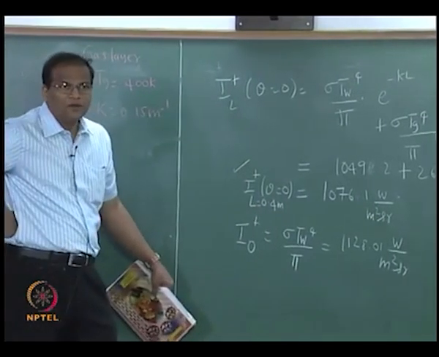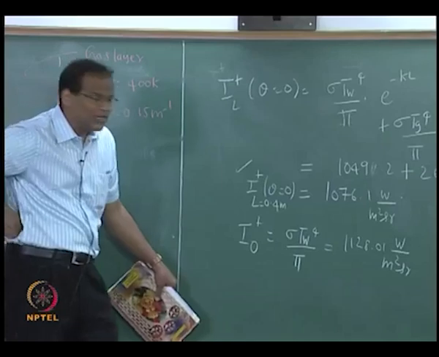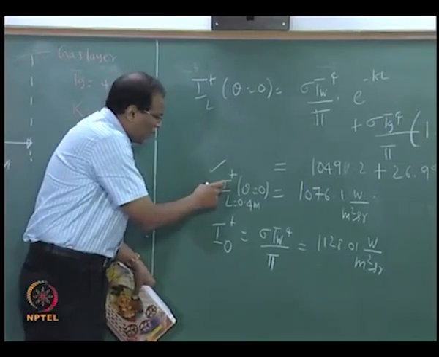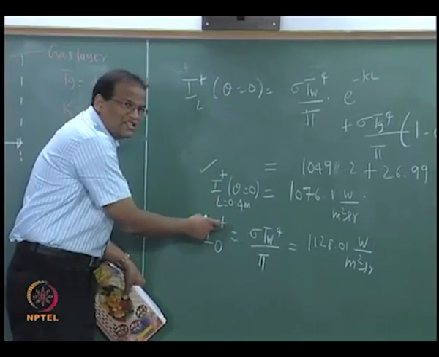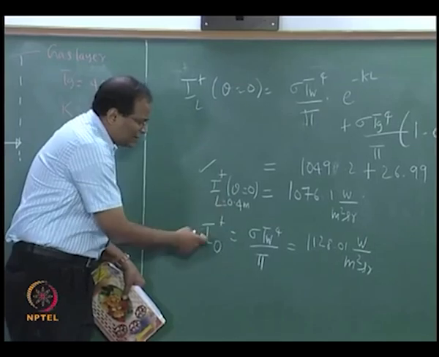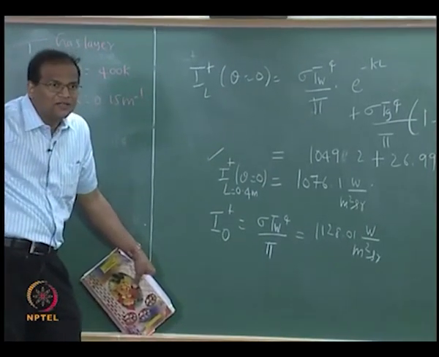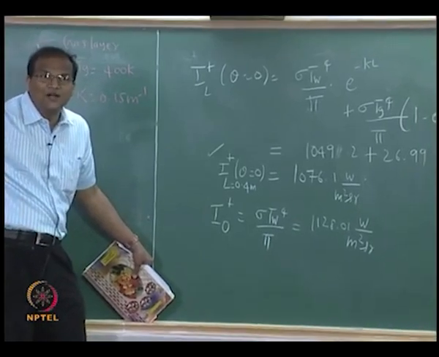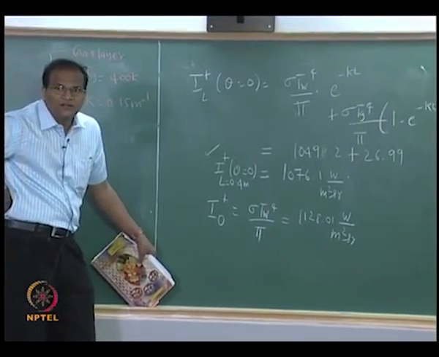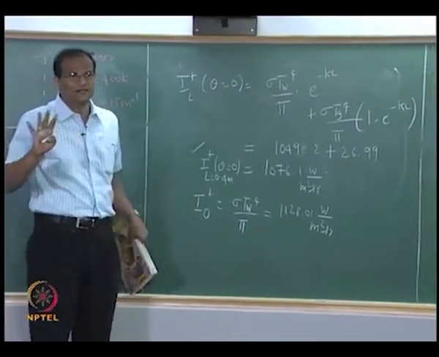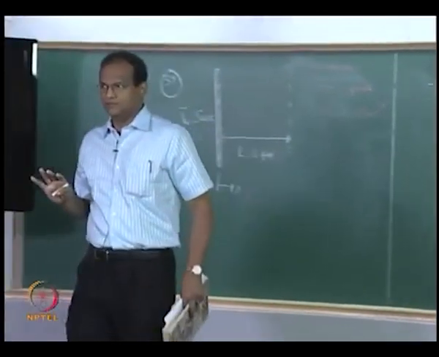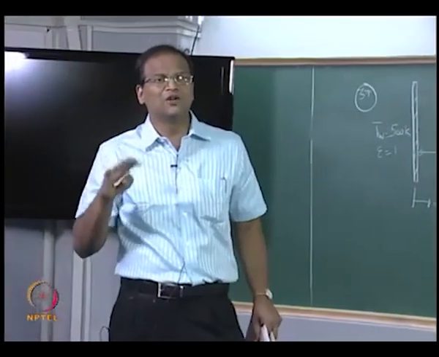Now I am asking you to look at the ratio of I at L divided by I at 0. It is almost equal to 0.98 or something, 98 or 99%. Therefore, the gas is not absorbing much. Therefore, it is an optically thin gas. This is the sort of insight you have to get.